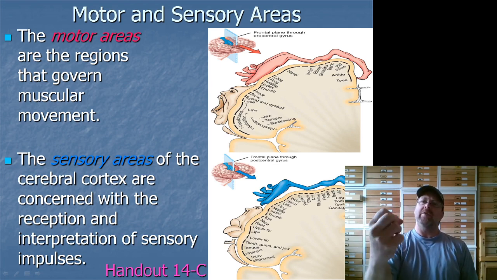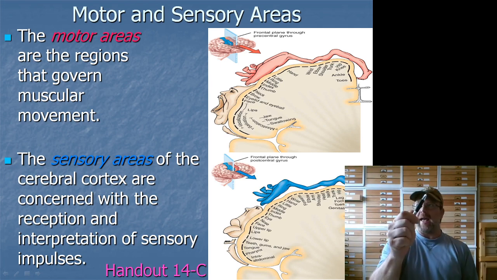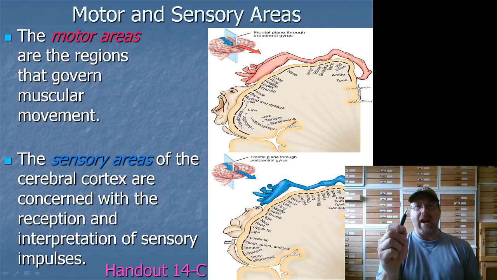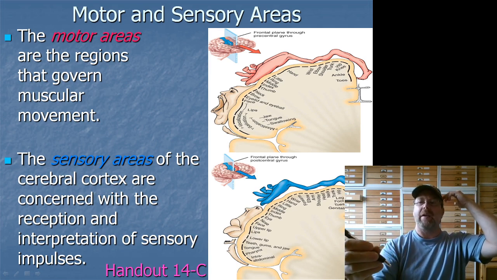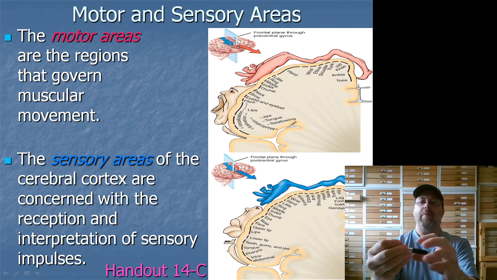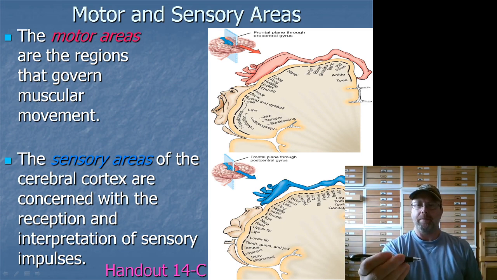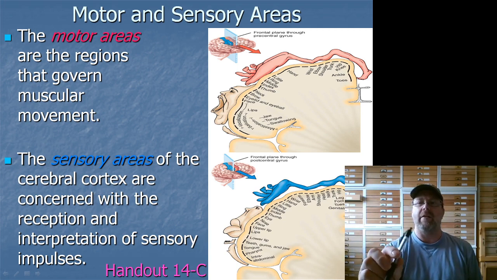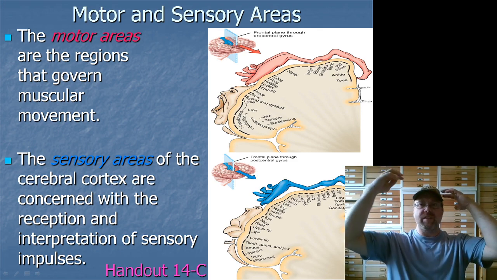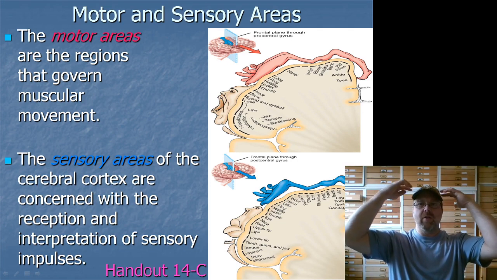So when I am using my right hand, let's say I have this pen, and I'm using this pen in my hand, it's the left side of my brain, that left precentral gyrus, that's telling my fingers to grab it, to hold it. And then what I'm feeling with that is going up to the left side of my postcentral gyrus, where I'm receiving sensory information.